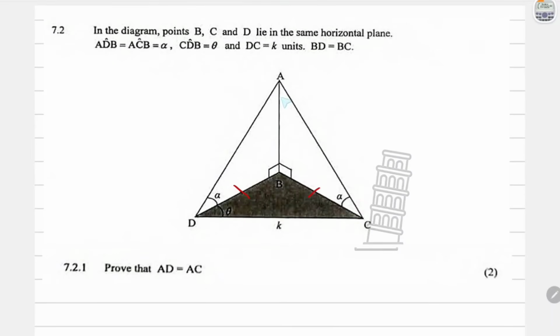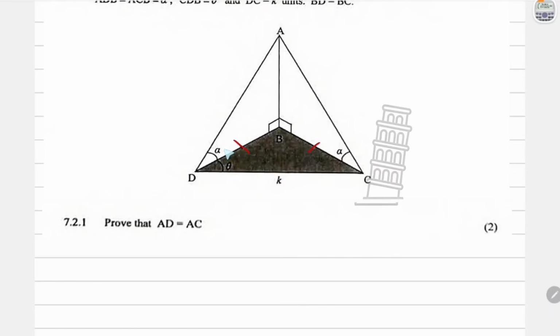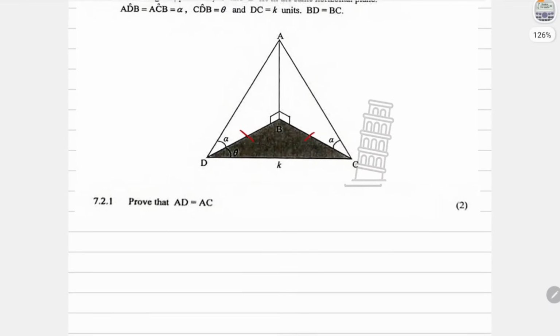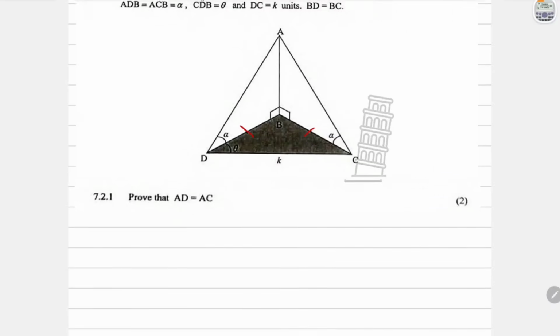So I see that AD is part of the triangle ABD and AC is part of the triangle ABC. Do you see that those triangles both have alpha and alpha, 90 and 90, and the same angle? So it means they're congruent. So how we can prove that these two lines are equal is to prove that these two triangles are congruent.